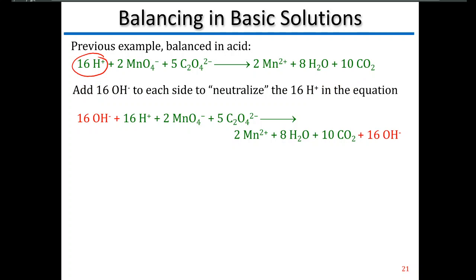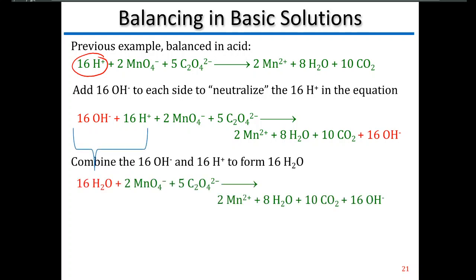So we end up with 16 OH minus plus 16 H plus in that equation, and then plus 16 OH minus on the other side. One thing we have to do here is combine OH minus and H plus to give us H2O, so this would give us 16 H2O. That's what that step meant. On this side, notice we're just keeping them the same, bringing them on down.